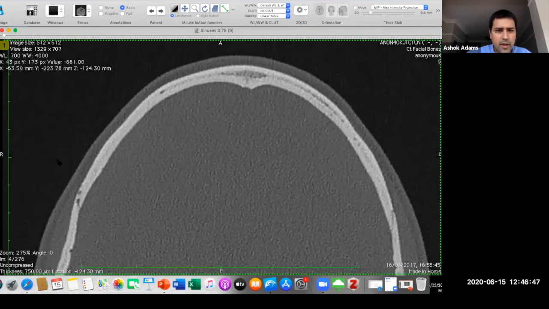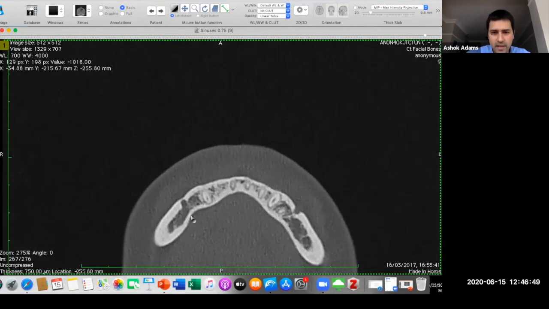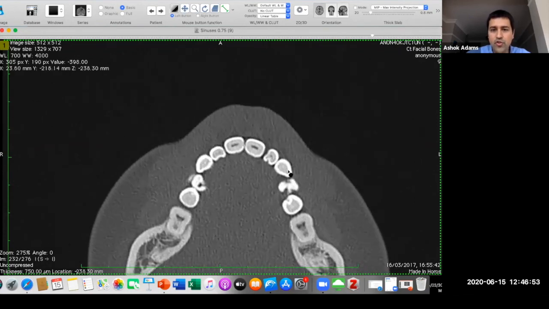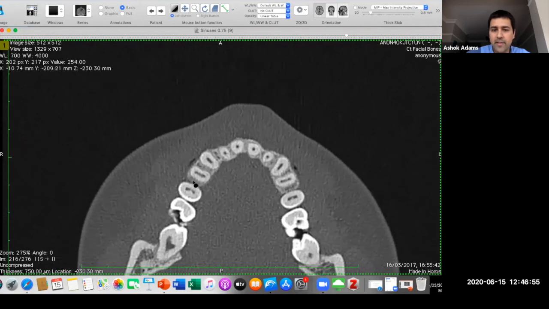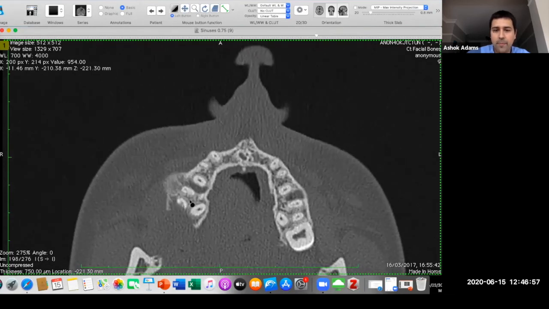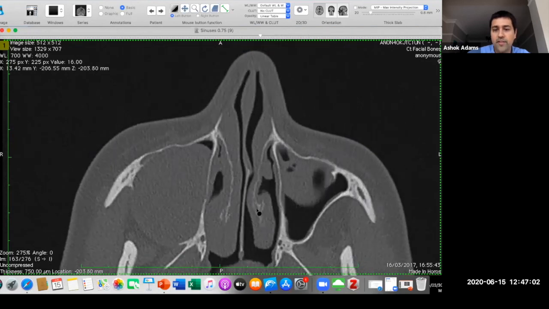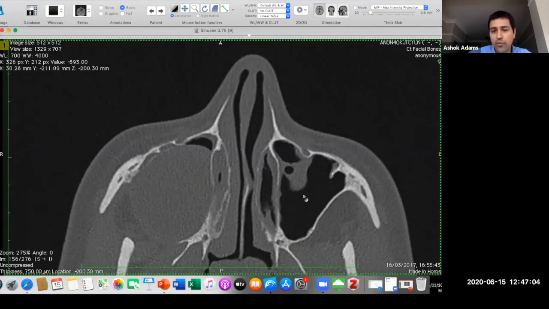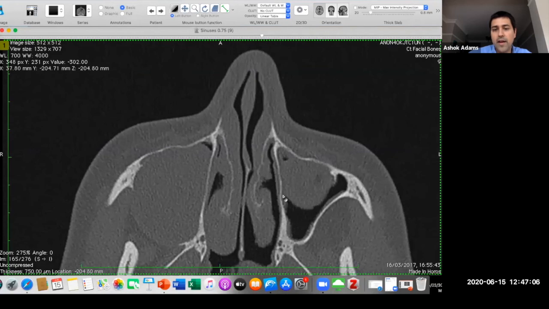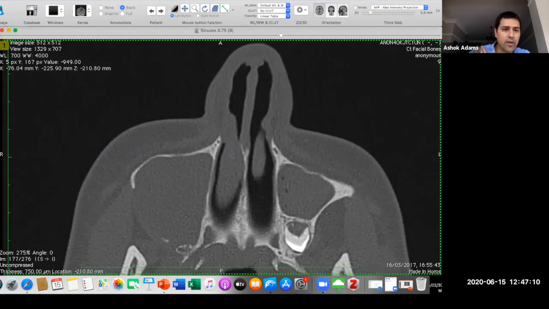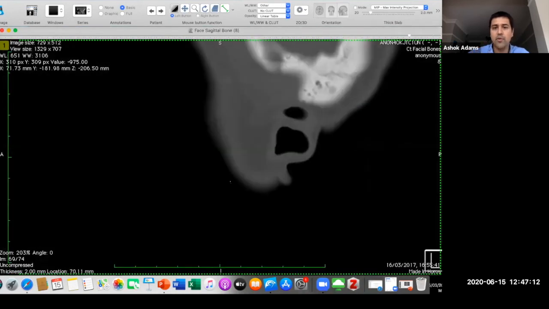Typically, when you're doing sinus CTs, you should always get your maxilla and all of your maxillary dentition on there. And yes, you can comment on whether you think sinusitis is odontogenic. Typically what you'll see is just sinusitis within the maxillary sinus antrum. As a radiologist, we will spend a lot of time looking at this.